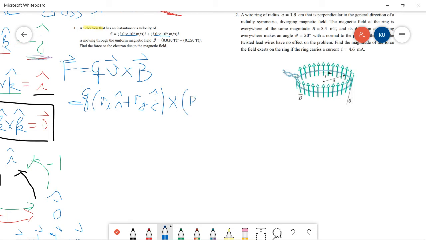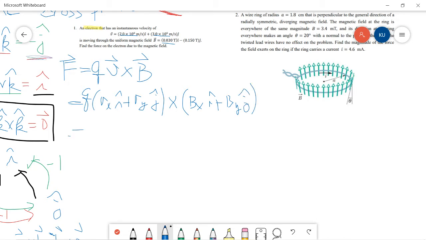So we have Bx, which is 0.03, Bx i, plus By, which equals minus 0.15 Tesla, j, something like this.